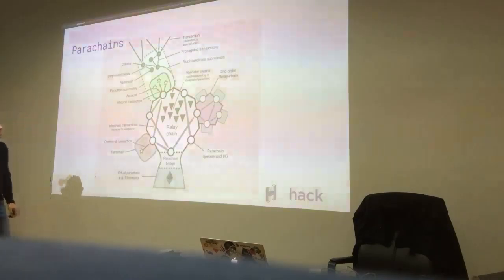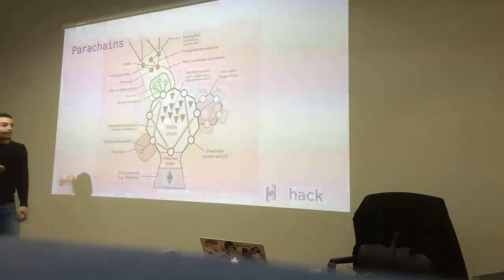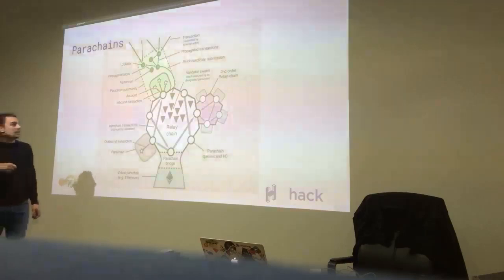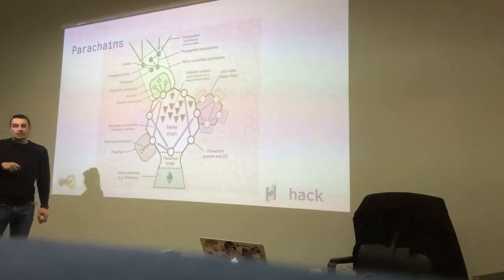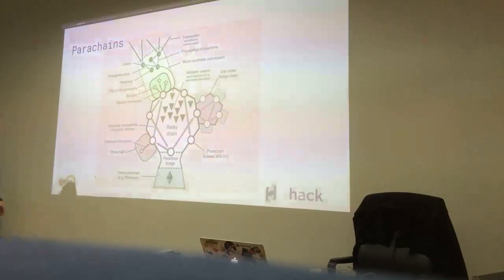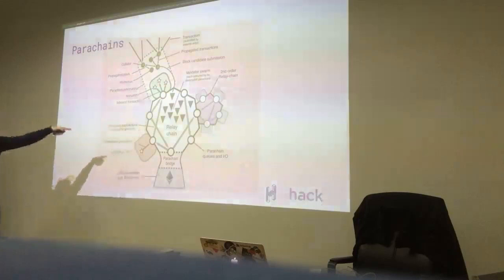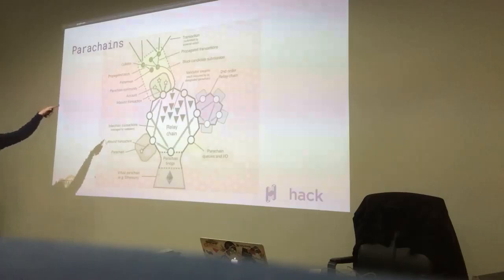So yeah, in Polkadot we can have lots of parachains that are connected to the relay chain, and by connecting themselves to the relay chain, they can connect to each other. So if we have another parachain, it can connect through the relay chain and transfer messages.